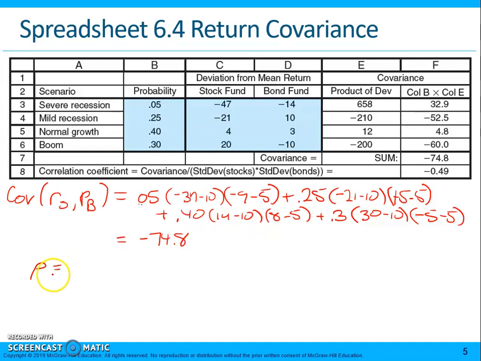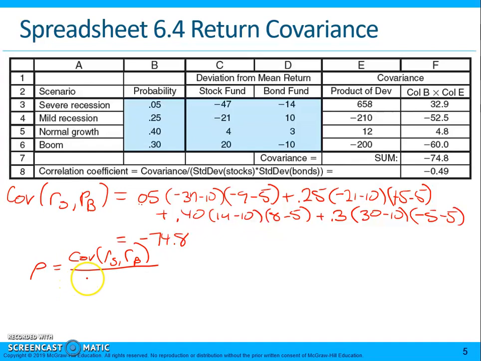It's the Greek letter. And it's covariance, RS, RB, so return on stock and bonds.